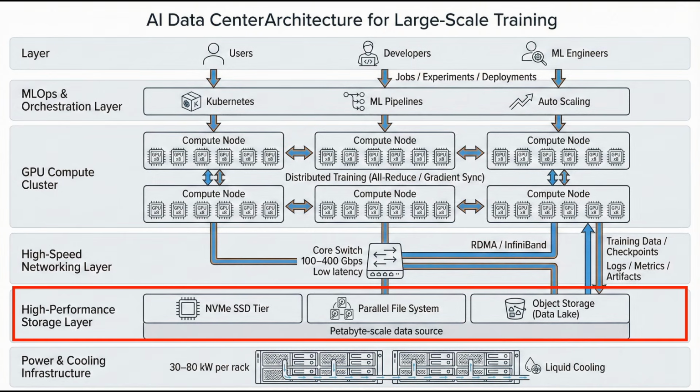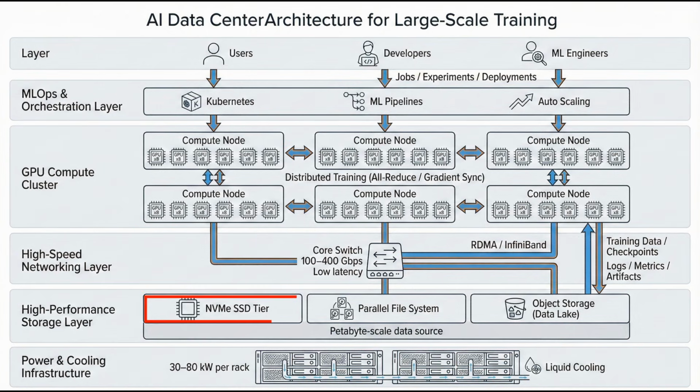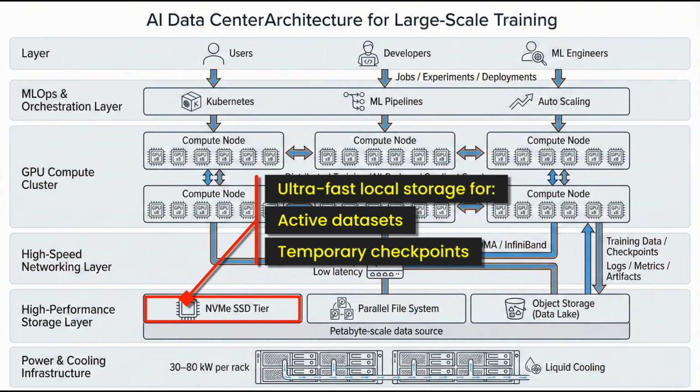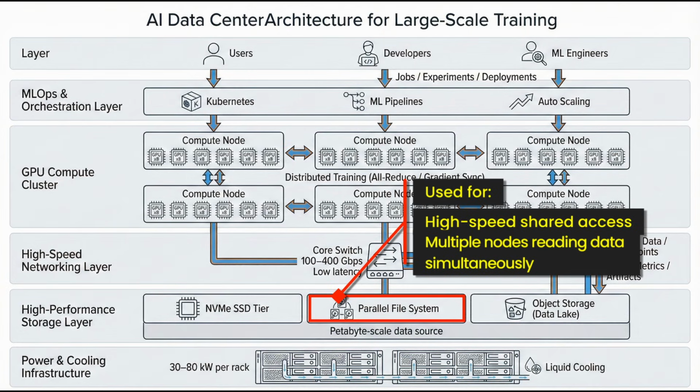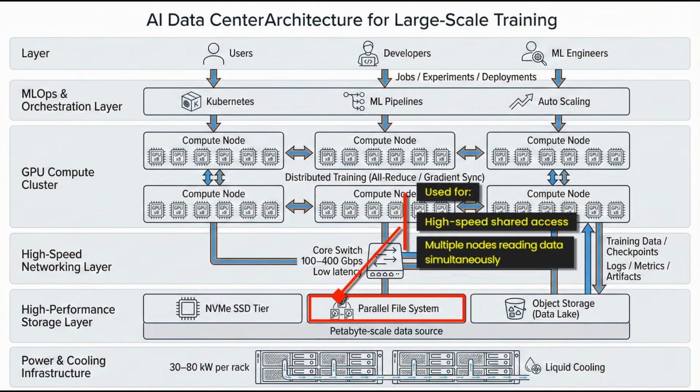Now let's talk about the storage layer. AI training needs massive data, and this layer includes your NVMe SSD tier, which is ultra fast local storage for your active data sets and temporary checkpoints. Then we have the parallel file system, which is used for high speed shared access, with multiple nodes reading data simultaneously.